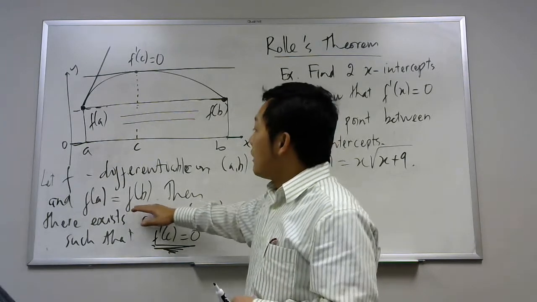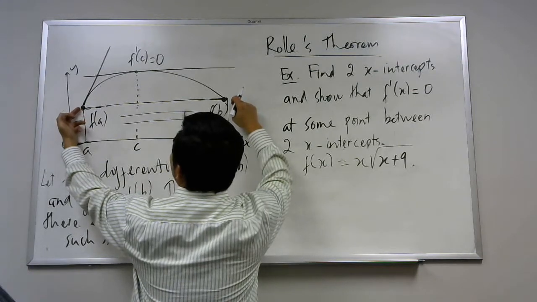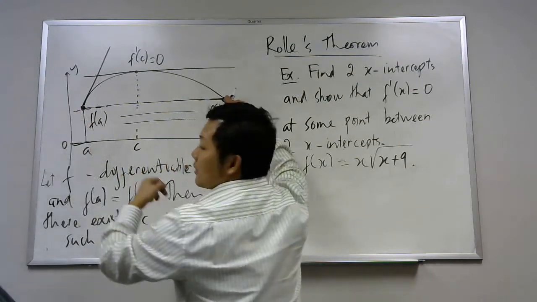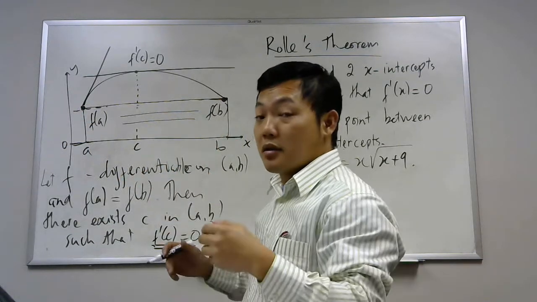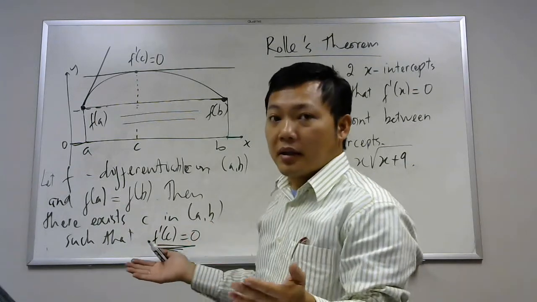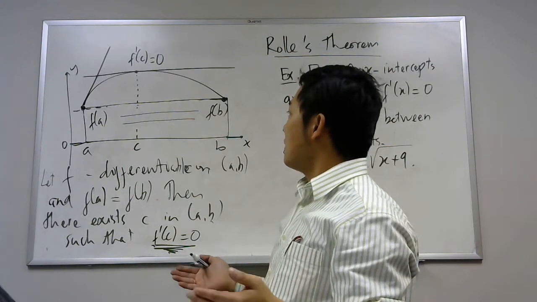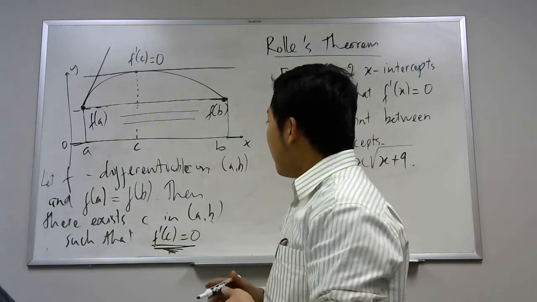That means f of a and f of b are on the same level, and when you connect these points, you have a horizontal line, meaning the slope is 0.